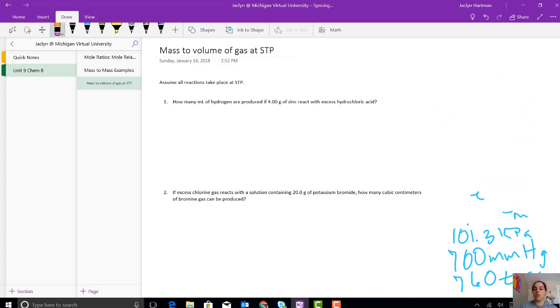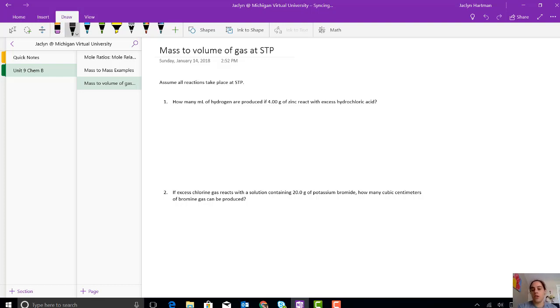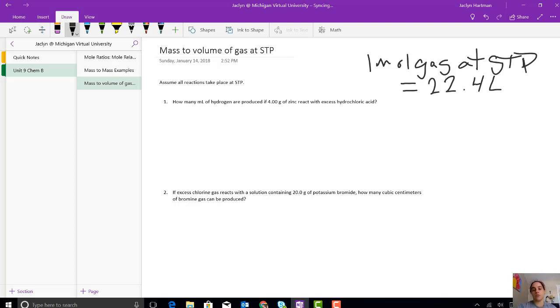If I were to take 1 mole of any gas at STP, and this is any gas whatsoever, a mixture of gases, a pure gas, whatever, 1 mole of gas at STP will occupy 22.4 liters of volume, or 22.4 decimeters cubed, because a decimeter cubed and a liter are the same thing.